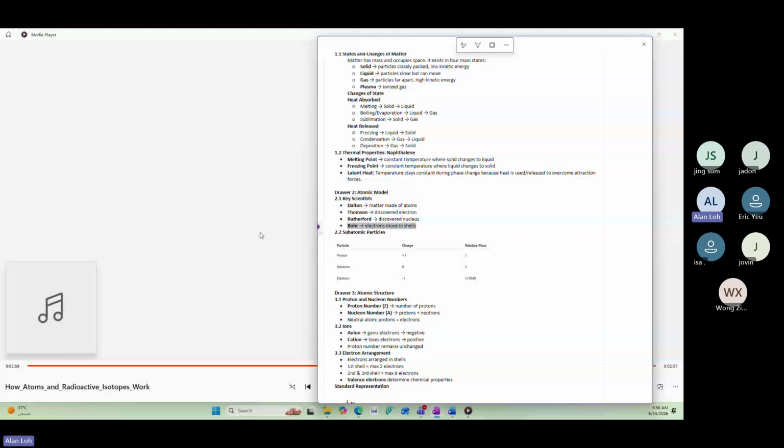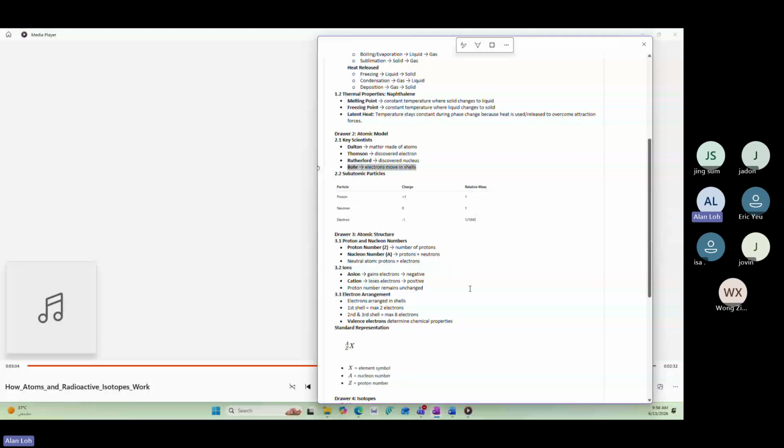Exactly. Let's zoom in on that final nesting doll model then. You've got the proton number acting as the atom's ID card. Carbon is carbon because it has 6 protons. Full stop. And then the nucleon number on top tells you the total mass. So the protons plus those crucial binding neutrons. Right. And atoms become neutral or they become charged ions by gaining or losing electrons.